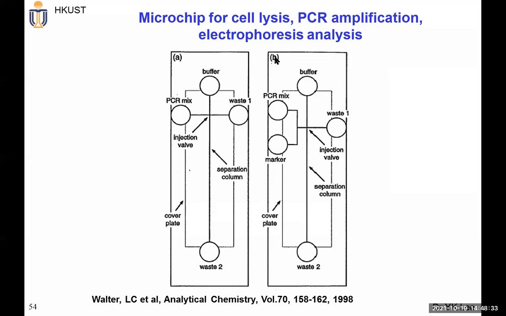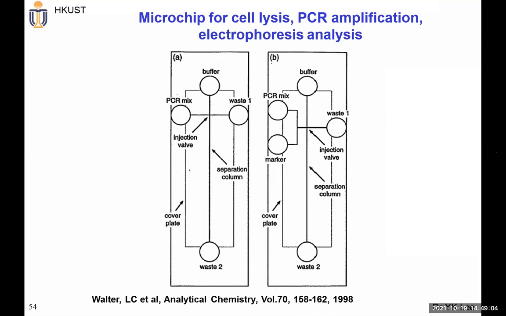Of course, at this moment, the semiconductor industry also has some way to do 3D integration of multiple ICs, sensors, and microfluidics. So in this case, you can really do this integration on one wafer with multiple steps, for example, cell lysing.